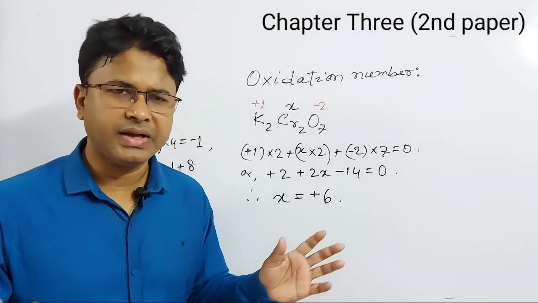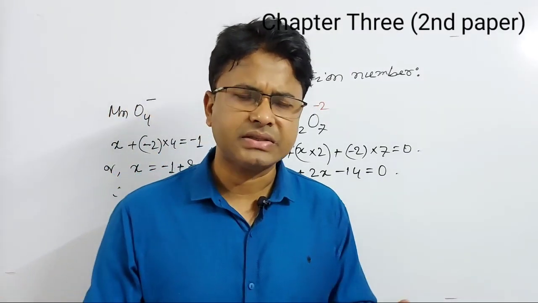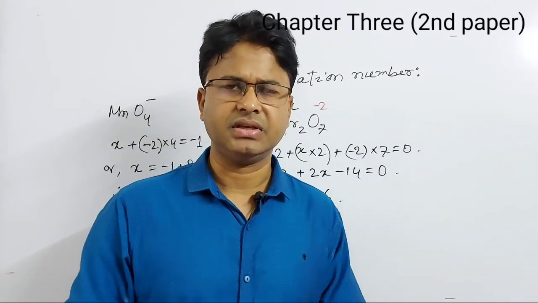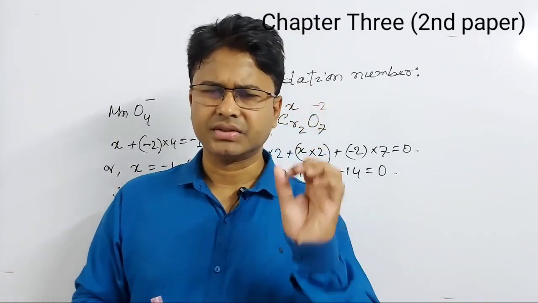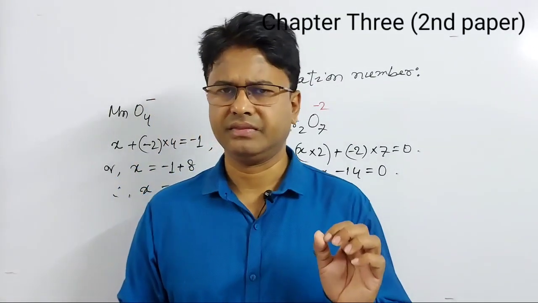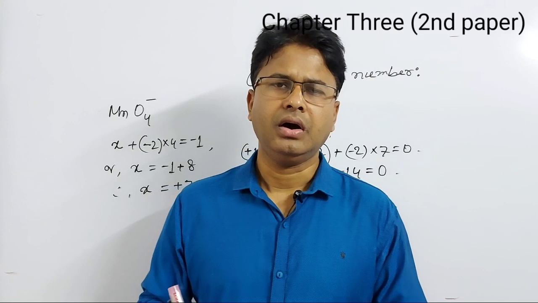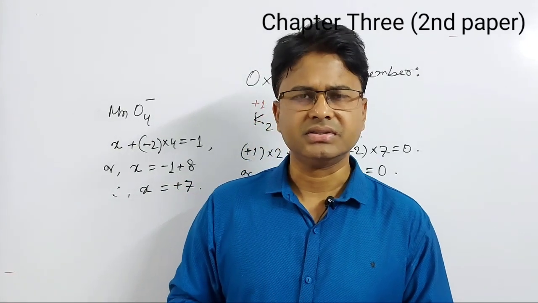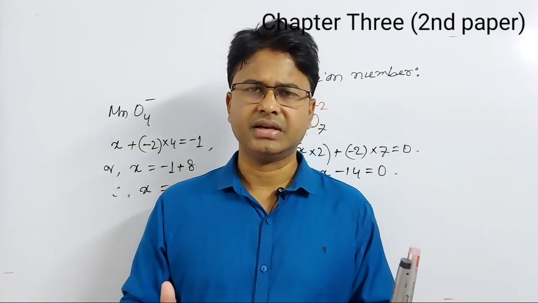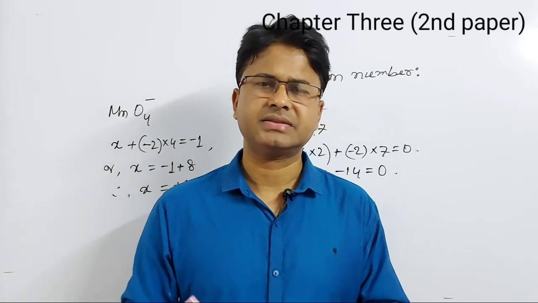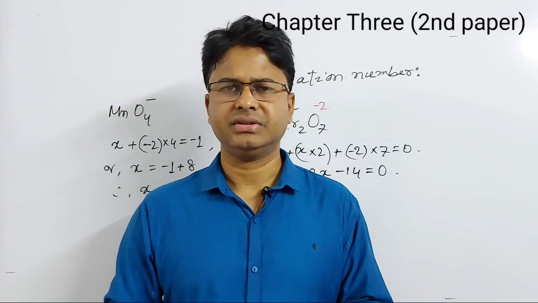Now, you may ask me, sir, what is the difference between the oxidation number and balancing? The major difference between oxidation number and balancing is that oxidation number is a digit with plus or minus, and balancing is a pure digit.